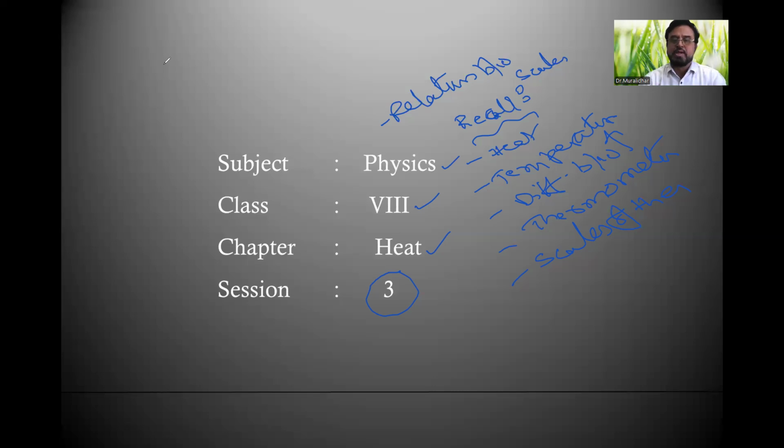Temperature is measured in Kelvin or Celsius, whereas heat, as it is a form of energy, we can measure in joule or calorie, where 1 calorie is equal to 4.18 joule. Very important point. Then we have seen the major differences between heat and temperature.